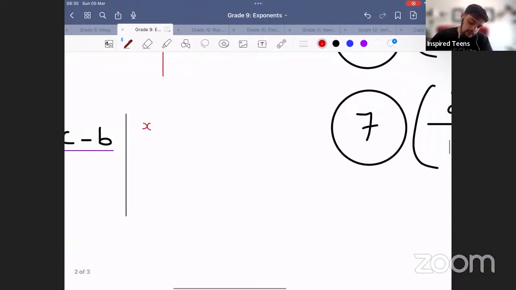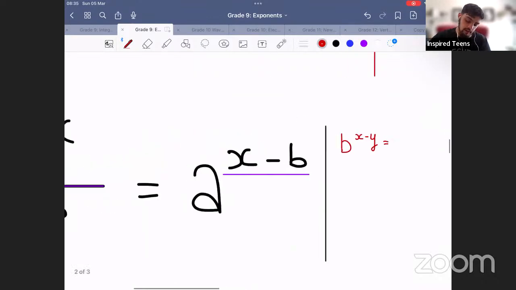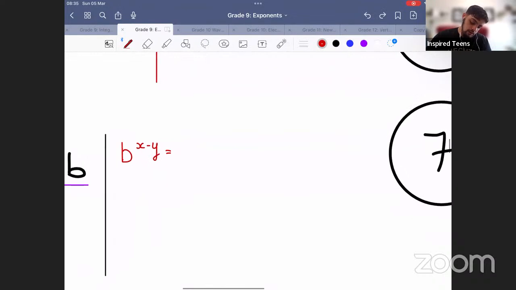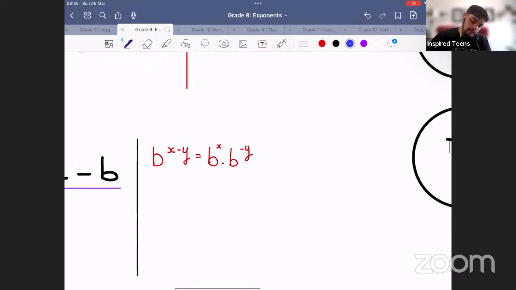If you are given something like b to the x minus y, firstly, what I want you to note is that b to the power of x minus y can be simplified as this, but it can also be simplified as multiplication. I just have to say b to the power of x times b to the power of negative y, because this is basically like an addition.